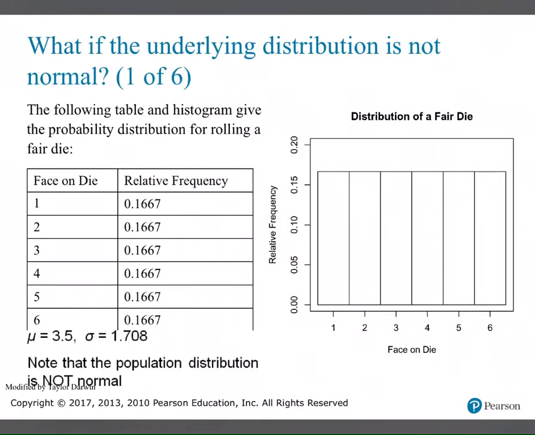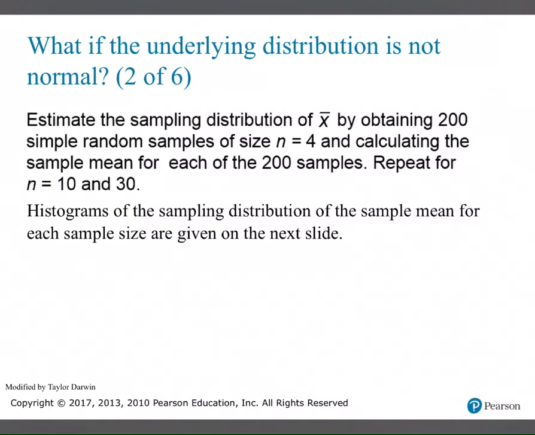So what happens if my distribution is not normal, meaning it doesn't create that symmetric histogram? An example of that is rolling a fair die, right? That's going to give me a uniform distribution because they all have the same outcome of happening. So if they're not normal, estimating the sample distribution x bar by obtaining 200 simple random samples of size n equals 4 and calculating the sample mean for each 200 samples.